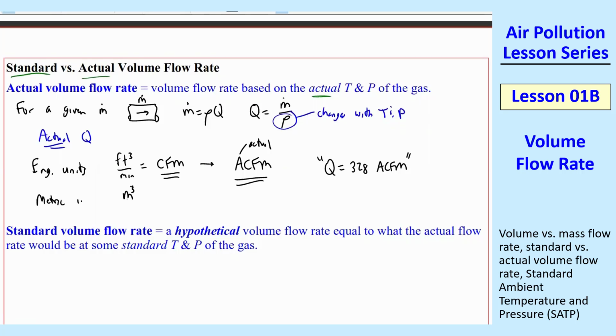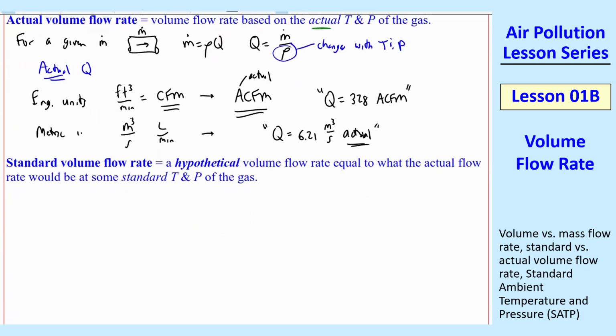We typically use meter cubed per second or liters per minute, etc., and there's no special unit. So we would have to write this as Q equals, say, 6.21 meter cubed per second actual. You would write the word actual there to indicate that this is an actual volume flow rate. All of that is typical of what you've done in fluid mechanics, so nothing new there.